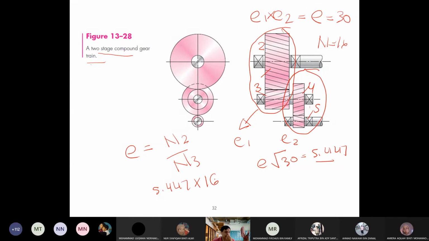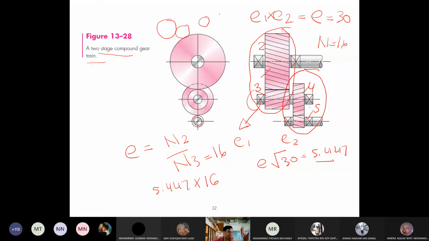16. Okay, the question is kenapa saya kata 16? Kenapa kita darab 16? Macam nak tahu which one is number 2, which one number 3? Confirm lah this is the driving, this is the driven. Kenapa kita anggap N3 ni sebagai 16? Sebab kalau awak tengok make sense cakap tadi kan, kalau increase in speed, mesti yang belakang tu jadi kecil.